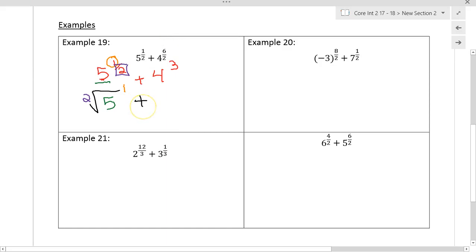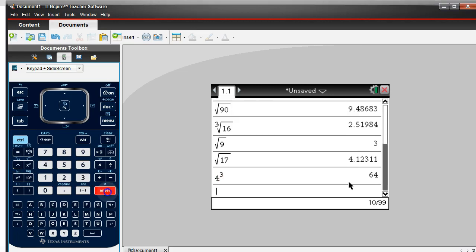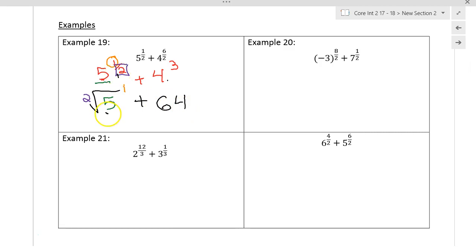If it doesn't have a fraction exponent, this 4 cubed, I'm just going to type it in my calculator as 4 cubed. Okay? So, fraction exponents get switched to radicals.